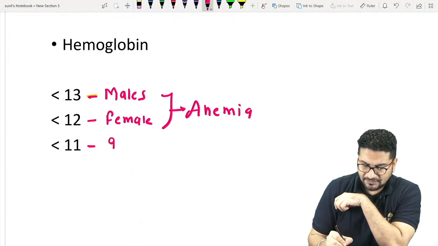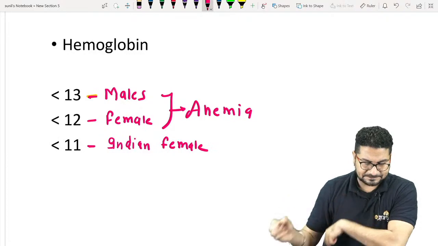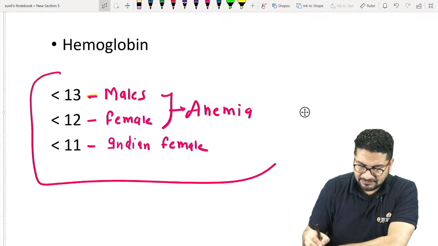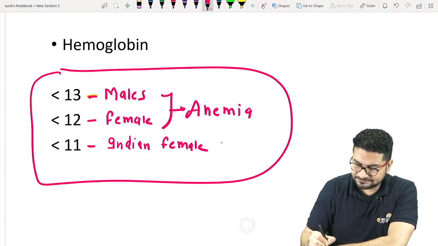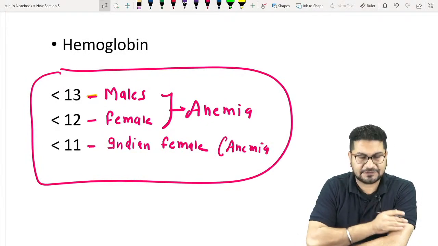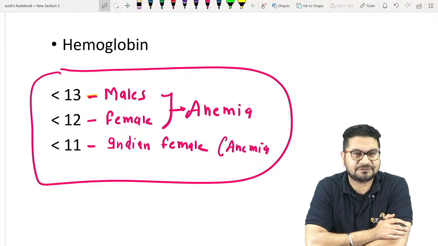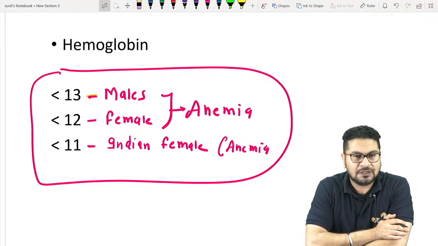So for Indian females, they have reduced the range. For Indian female, the range is less than 11. So anemia is defined when hemoglobin values are less than 13 in males, less than 12 in females, and less than 11 in Indian females. Am I clear?